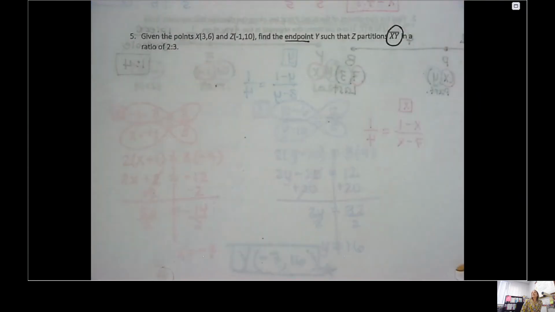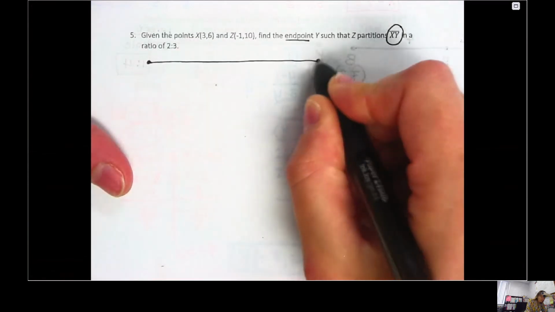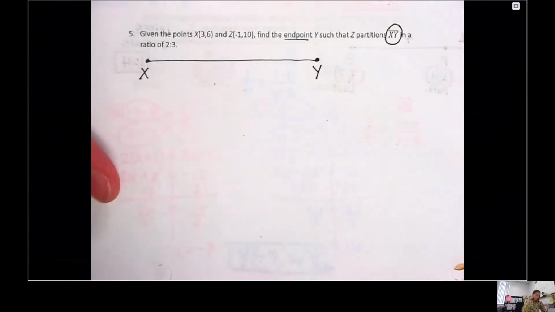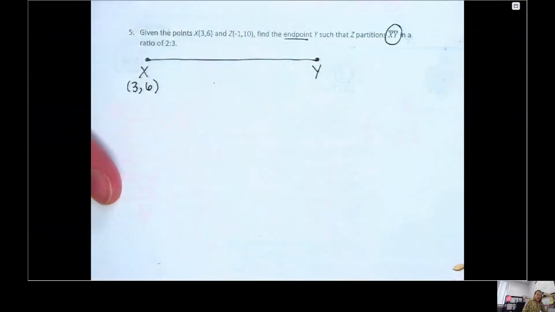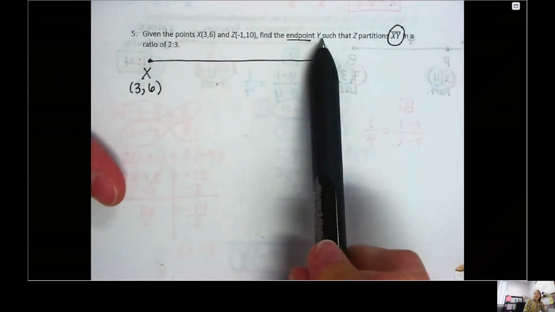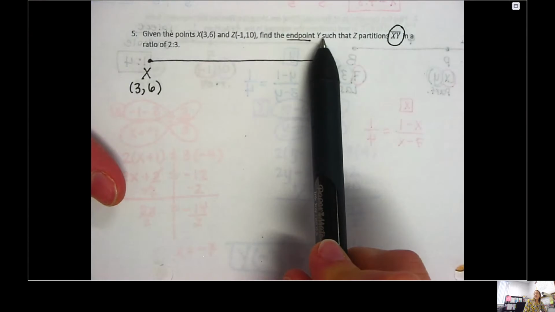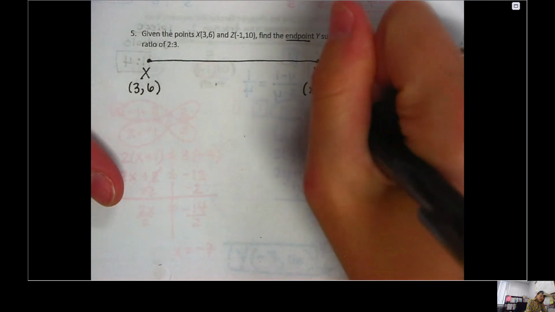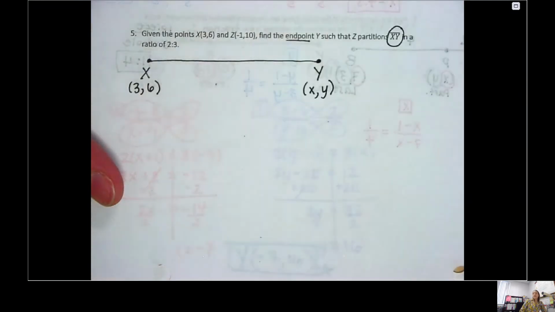So it says segment XY, which means you start at X, you end at Y. Okay, point X is 3, 6. And I don't know what Y is. Y is what I'm trying to find. I don't know that endpoint. So I'm putting X, Y there. That's what I'm trying to solve for.